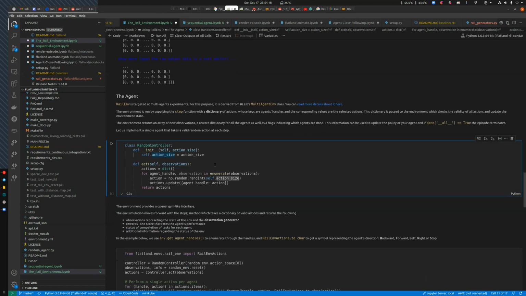So here we talk about the agent. We are using RLlib's MultiAgentEnv class too, but here the environment is run by using steps, as I've alluded to, by using the number of time steps that a particular episode has, until the episode terminates.